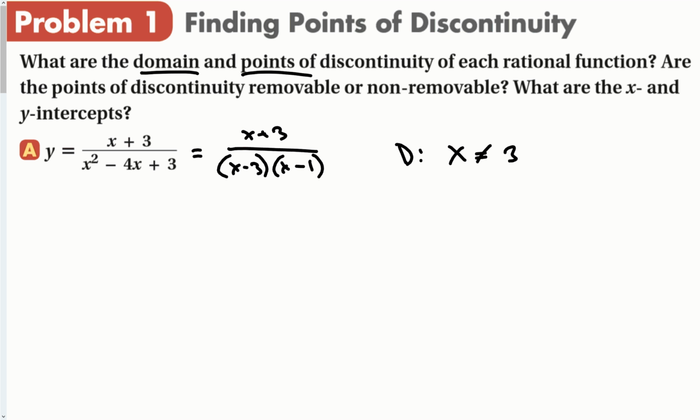So that's going to be 3 and 1. If I want to write that in interval notation, this function goes from negative infinity to 1, then from 1 to 3, and then from 3 to positive infinity. There's only two places where this function is not defined, 1 and 3.